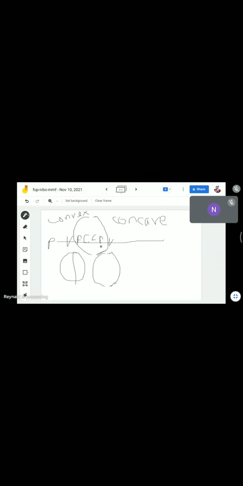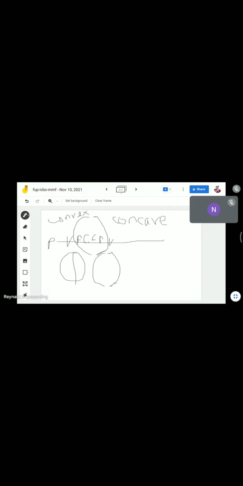Principal axis, the straight line. Focus, nasa gitna ng vertex at center of curvature. Vertex, nandito sa outside nitong ating mirror. And then of course, the center of curvature is kung saan nahati yung spherical mirror or yung bilog.